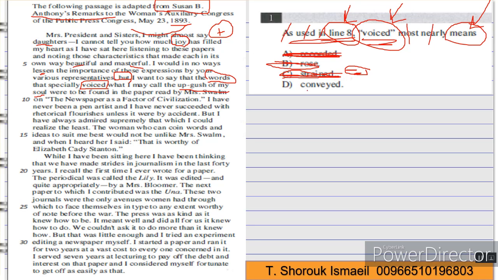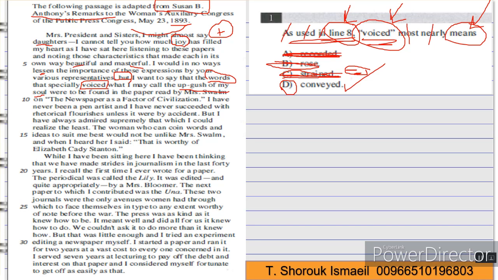Let's come to choice D. Conveyed. We can actually use convey to mean express, which means that this is a suitable answer for me and this is the right choice. Why? Because convey can mean express, and I need a word like express to give the meaning of voice.